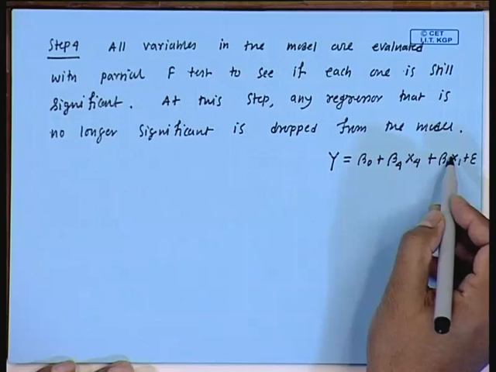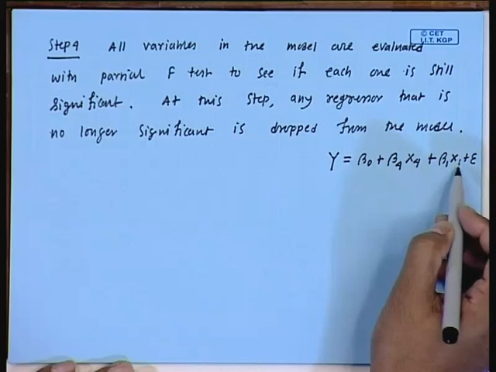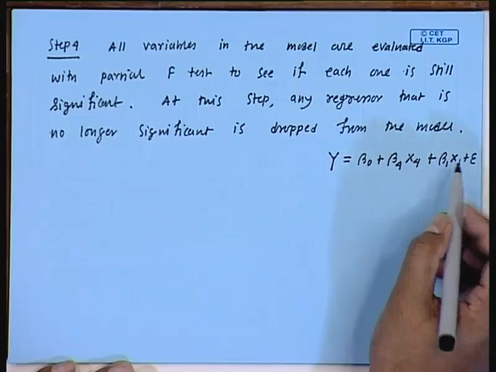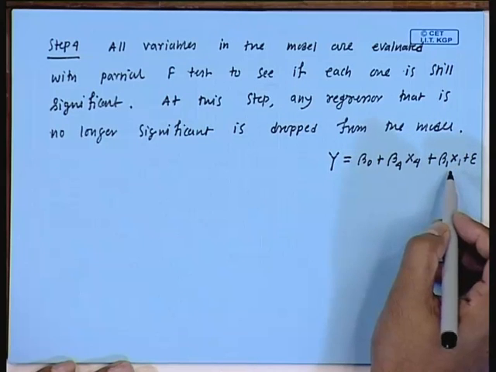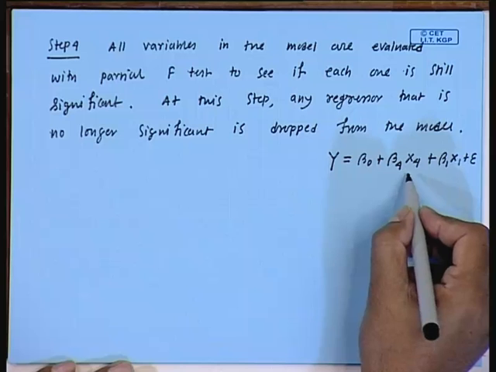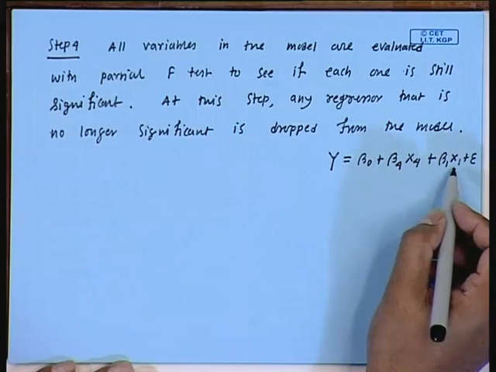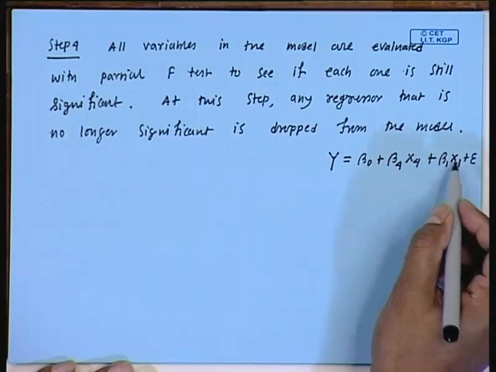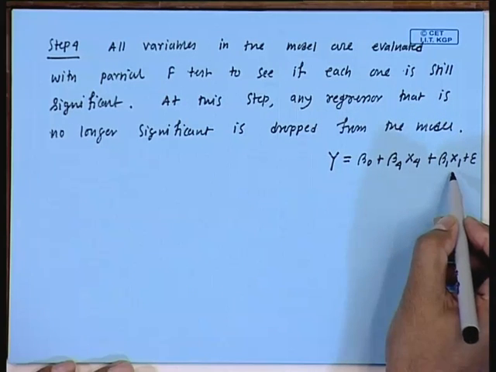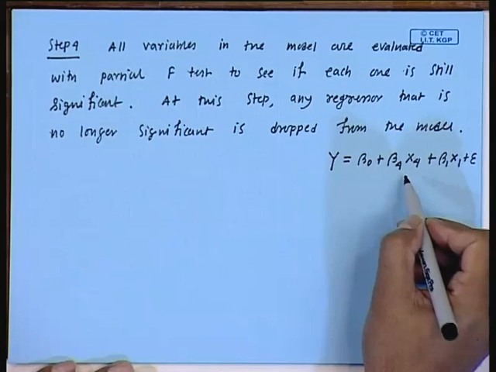Now, x1 is significant in the presence of x4, that is why in the second step x1 was included. Of course, x1 is the last added regressor, so it is significant in the presence of x4.